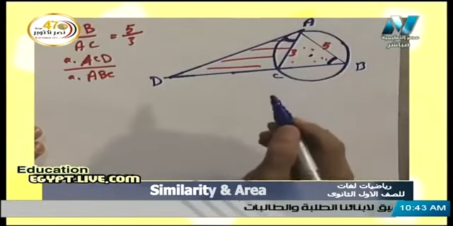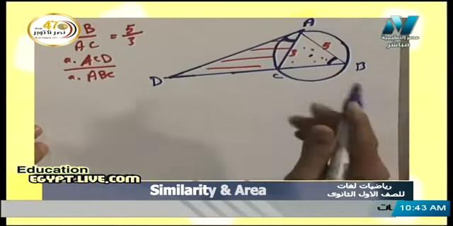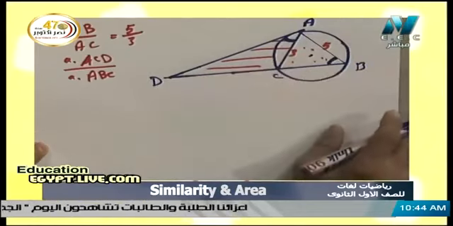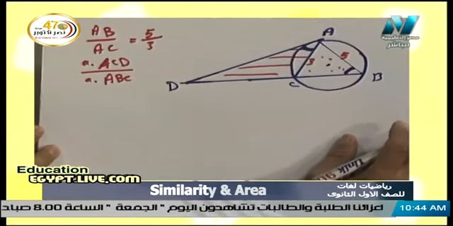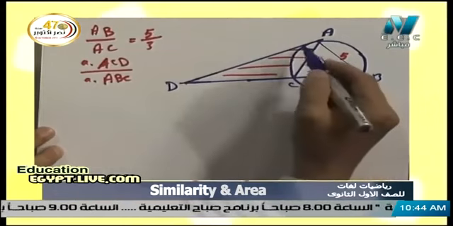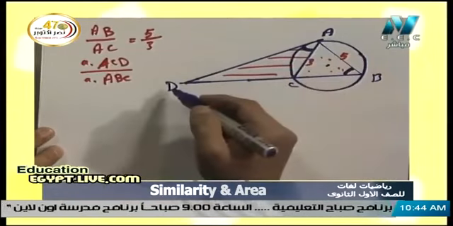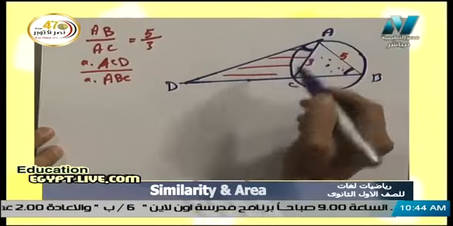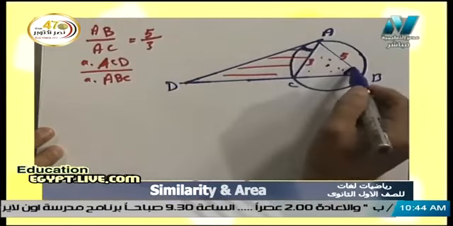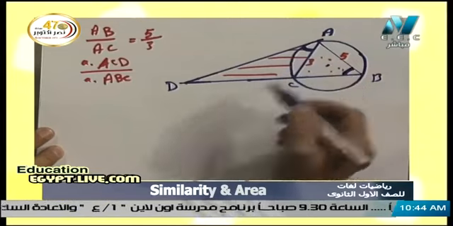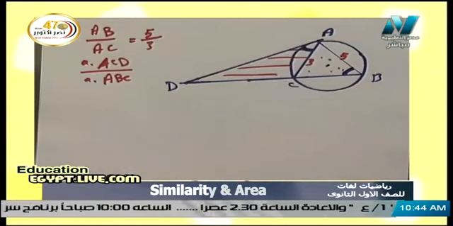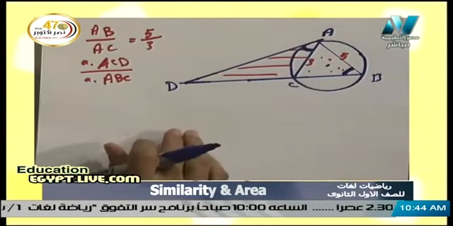So the angle CAD, the angle of tangency, equals the inscribed angle ABC, subtended by the same arc AC. This is from our studying in third preparatory last year.